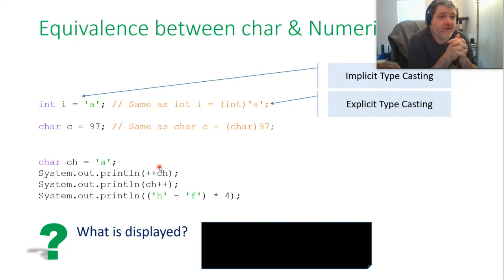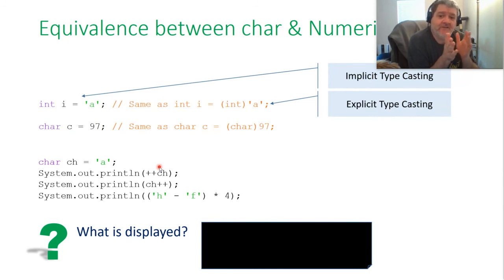System.out.println(++ch). So ++ is an arithmetic operator, right? It's going to pre-increment the variable ch. Can you pre-increment a variable of data type char? Yes, because really inside of it is a small number, so I can apply the ++. I can do arithmetic with a char variable. What is this going to display?